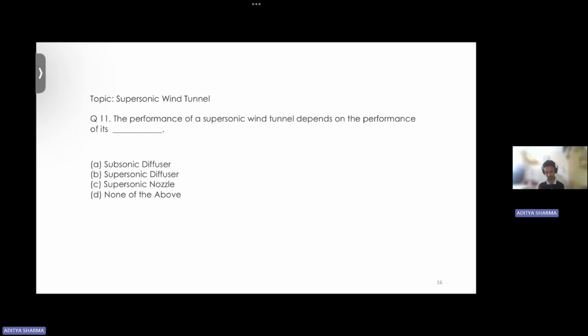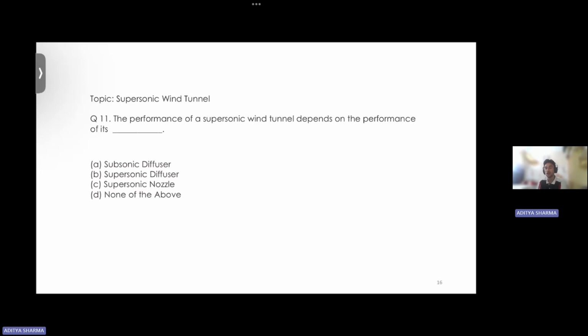I have discussed it in the early part of the session that when we are working on a supersonic wind tunnel, we need to reduce the pressure losses, right? We need to reduce the total pressure loss when the flow exits the wind tunnel. So for that case, we use a supersonic diffuser.